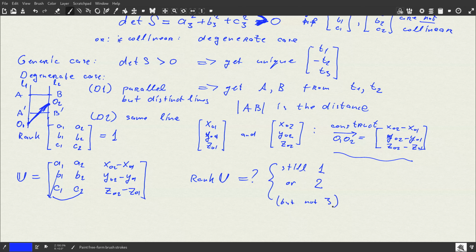If the rank of this matrix is still 1, it means that the third column, and remember the third column is our vector O1O2, is again collinear with the first directing vector and the second directing vector, which means that it is the same line. And if it became 2, then these are distinct parallel lines.